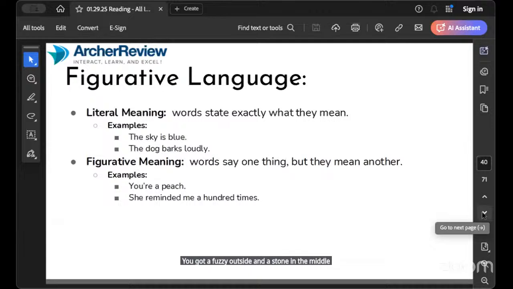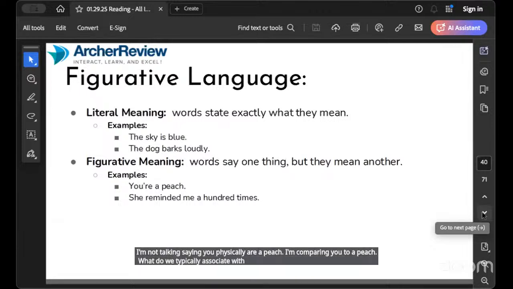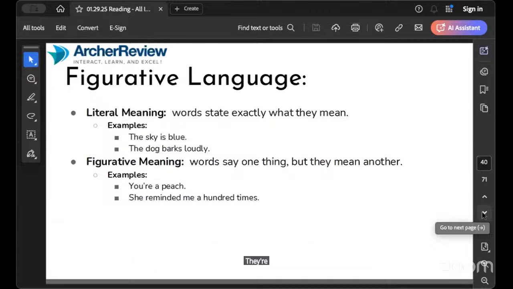No, I'm not saying you physically are a peach. I'm comparing you to a peach. What do you guys typically associate with peaches? They're what? They're sweet. That's right. So if I say you're a peach, I'm really saying, oh, you're sweet. So that's a figurative meaning.